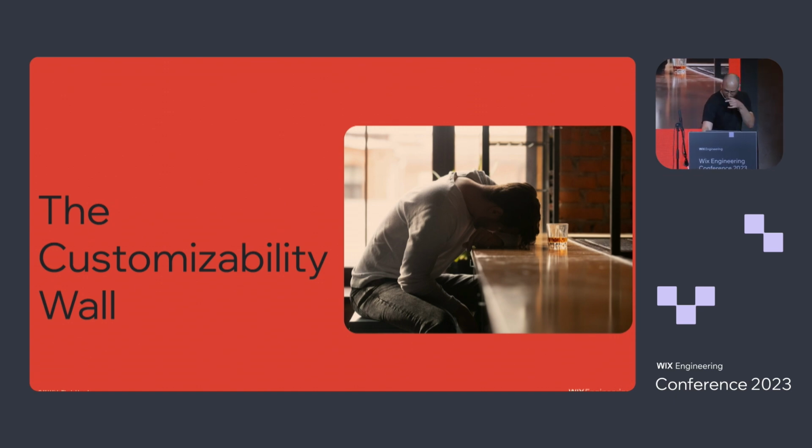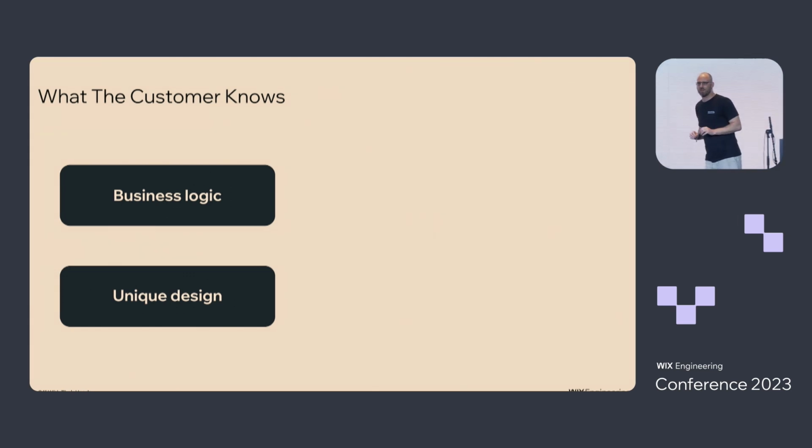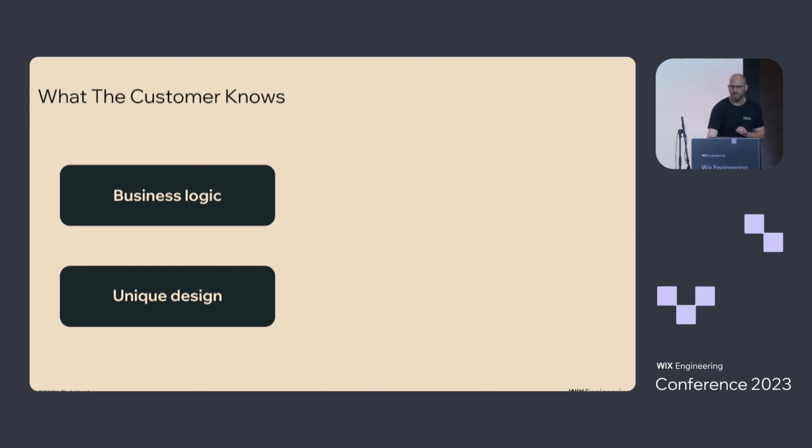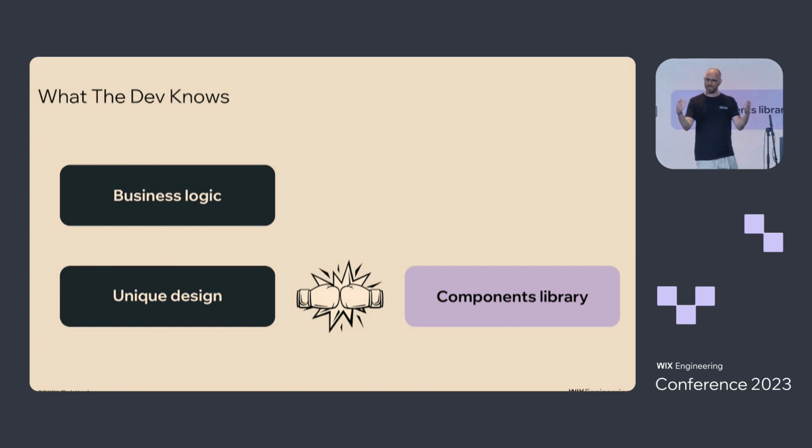All right, so let me explain how it looks from the outside looking in. You, as a developer, promised your PM or customer a solution for the problem. It's going to be bespoke business logic, accessible through beautiful, unique design. And somewhere down the road during the project, your chosen component library is having a fight with the uniqueness of your design.